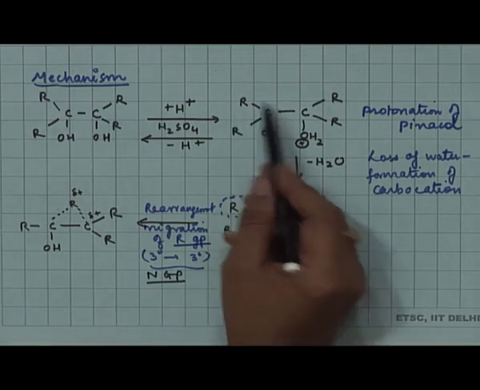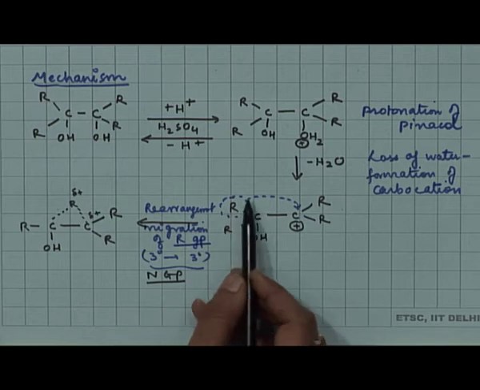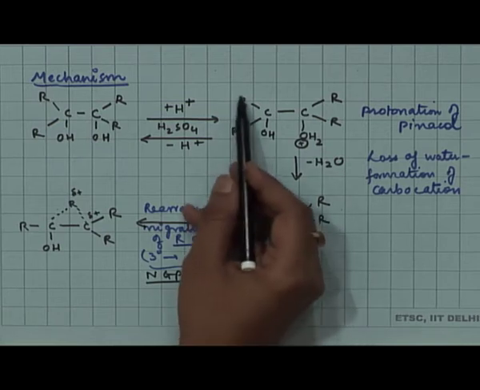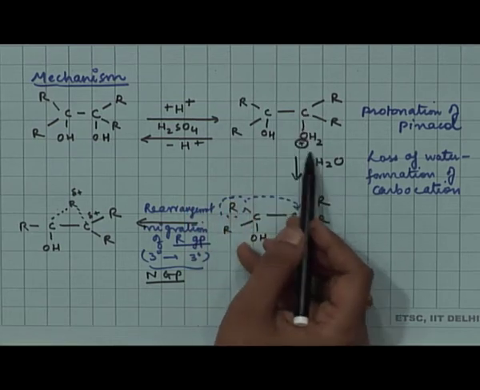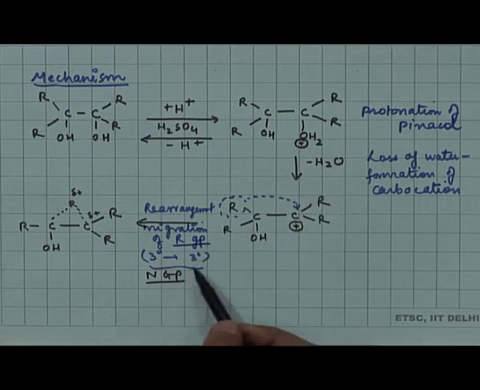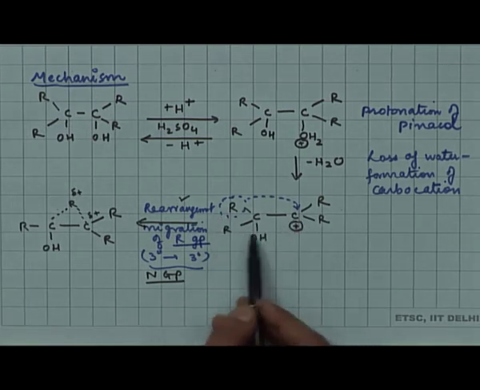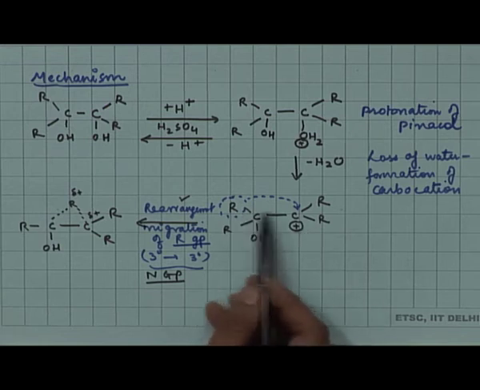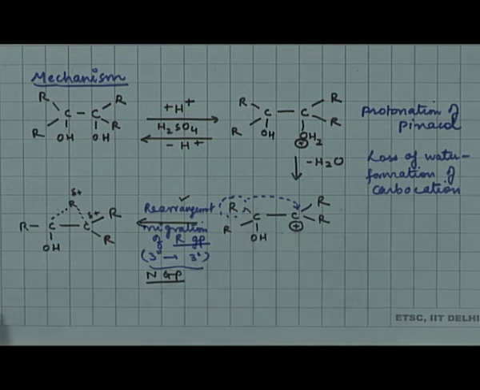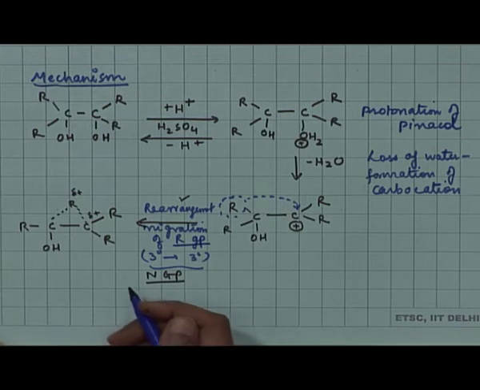When it migrates on this carbon, it pushes this H2O out, and this facilitation is what is responsible for the migration. Otherwise, there should be no reason why a tertiary carbonium ion is changing to another tertiary carbonium ion if there was no such kind of stabilization being provided.